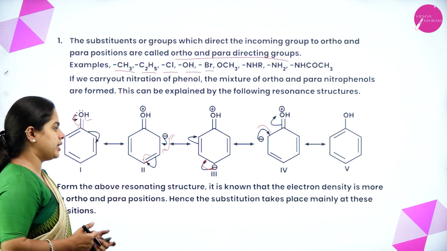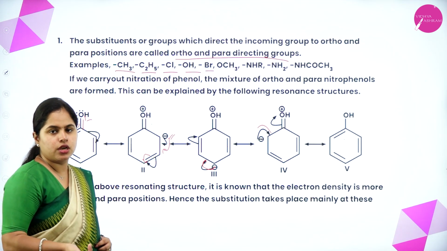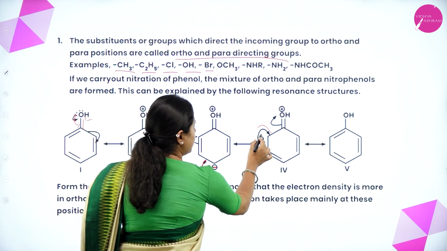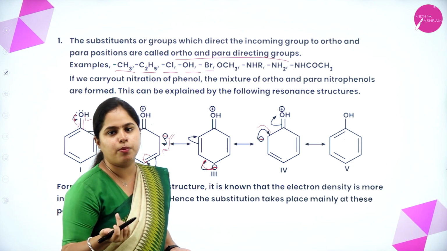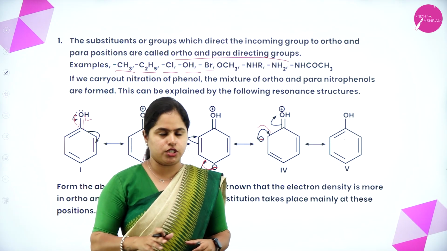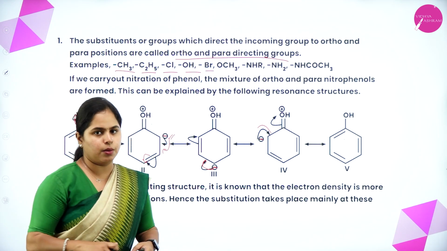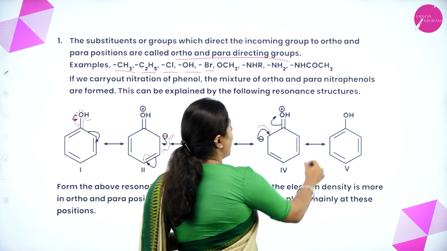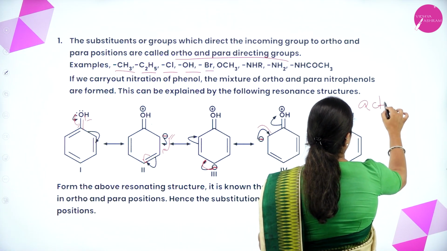Hence, substitution takes place mainly at these positions. So it will be easily substituted in the ortho and para positions. All these groups are examples of ortho-para directing groups, and they are also called activating groups.